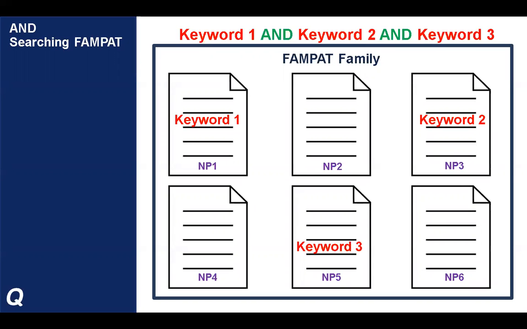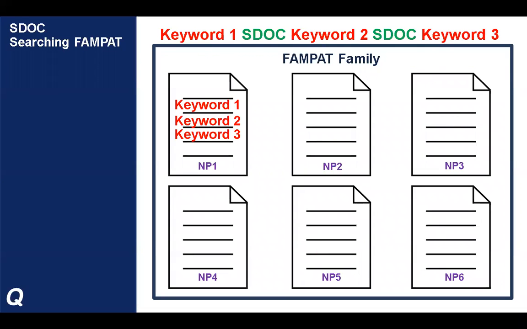Search is delivered to you, and you might notice that I want a patent reference wherein all the keywords are present in the same document, which can be any specific national phase. For that, we've defined a specific operator which is used in FAMPAT. It is termed the SDOC operator.